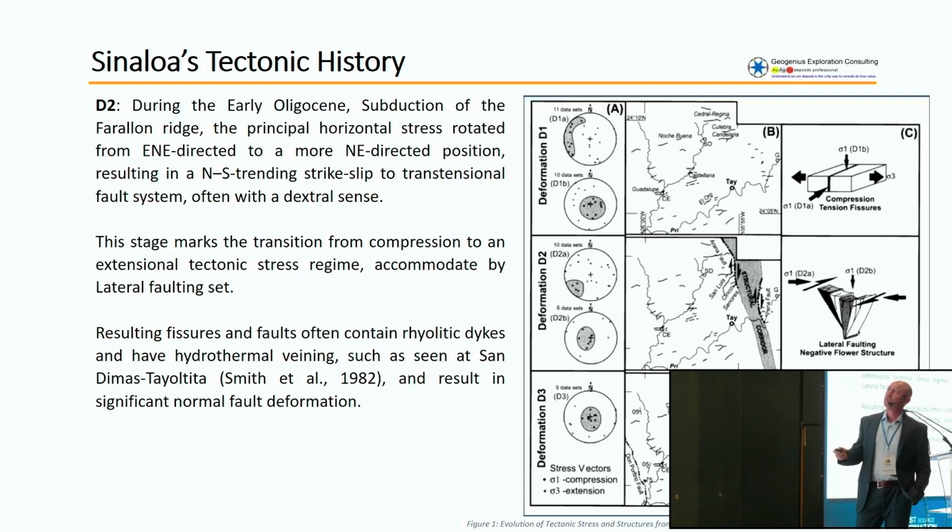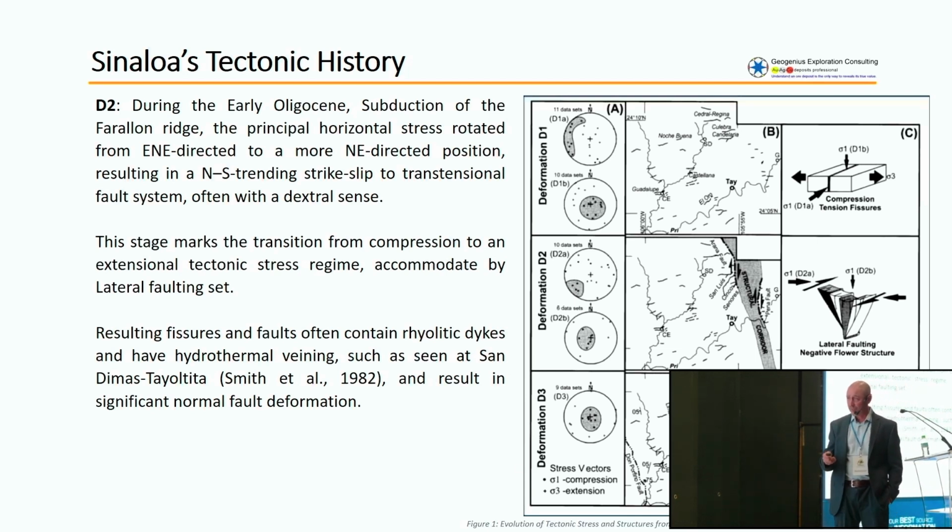D2, this is when we subduct the Farallon ridge. It's no more compressive, so it's a transition zone. To accommodate the deformation, we have strike-slip faulting, and in that region it's going to be dextral. And some people pretend that this is when we formed the San Dimas and Tayoltita deposits.